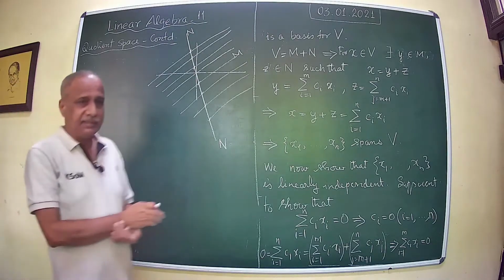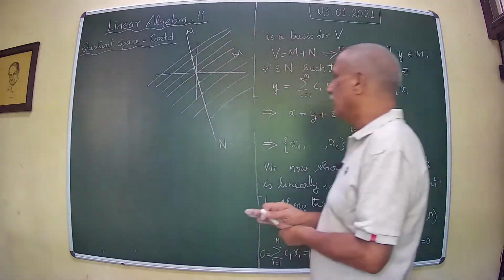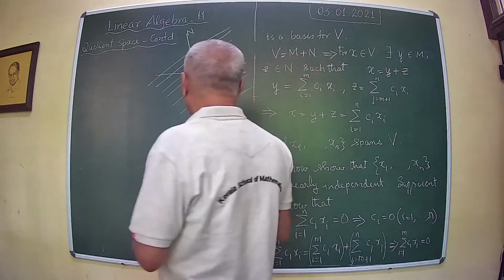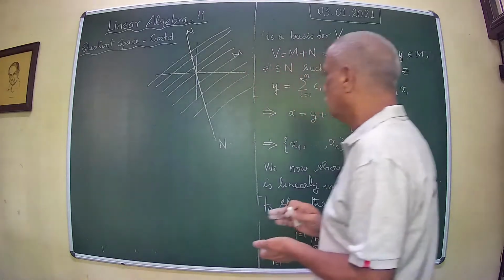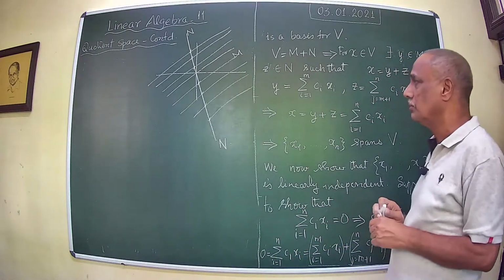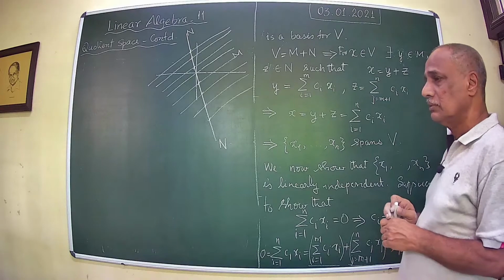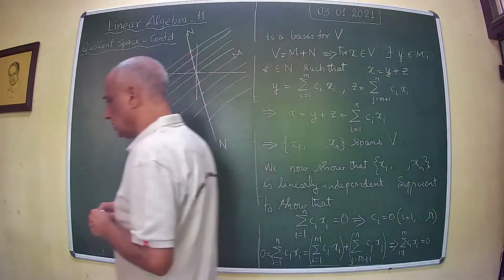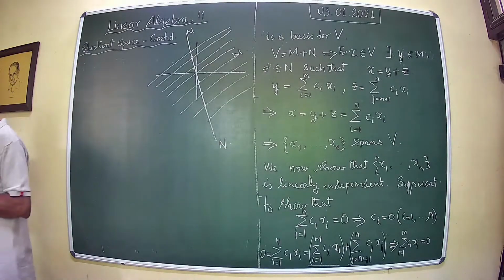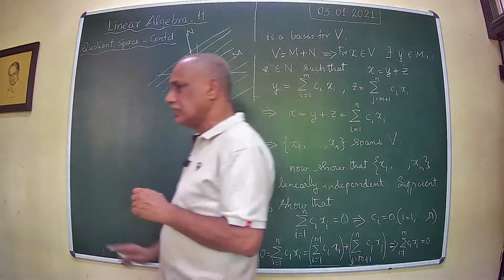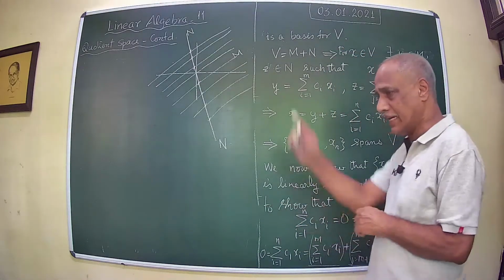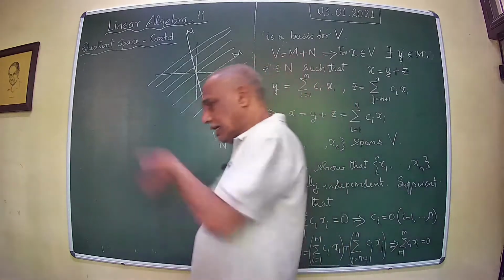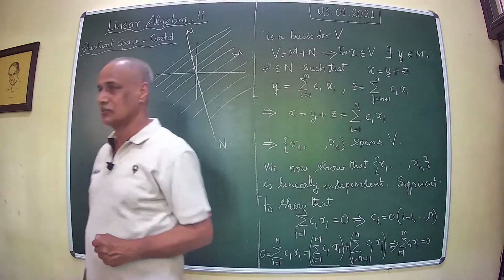Choose a line, then you see that the complementary subspace is a plane passing through 0, 0, 0 in R3, a two-dimensional subspace. So you choose a basis for N, which will be two linearly independent vectors in the plane.